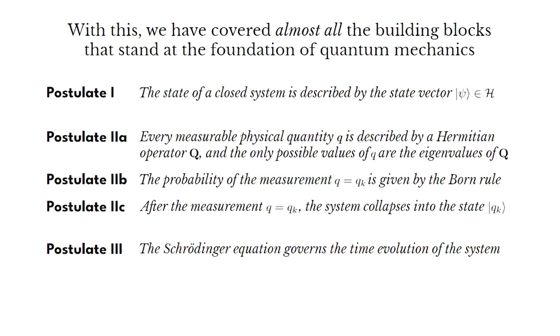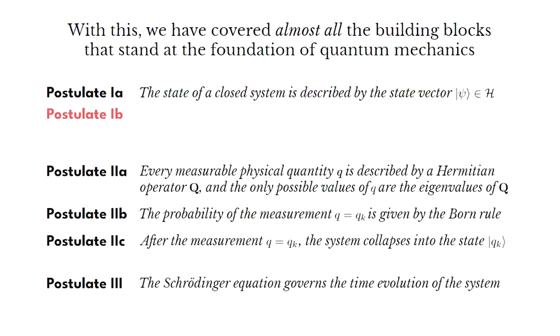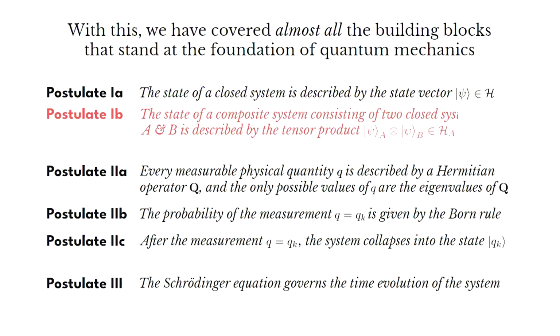So with all these tools, you are ready to play with most quantum systems. But actually, there is something more, which will be elaborated more in the next lectures, which is what if we have more than one quantum system?